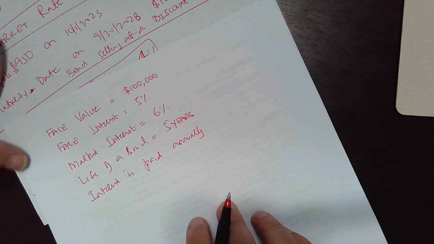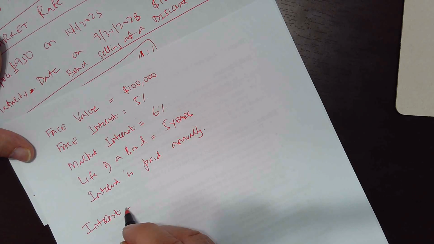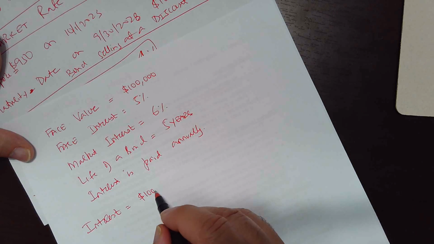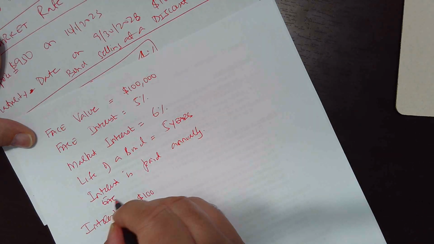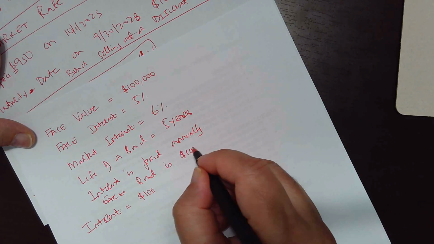All right, so let's see how much interest we are going to pay. The interest is a function of time. We're borrowing $100,000, so each bond is $1,000.